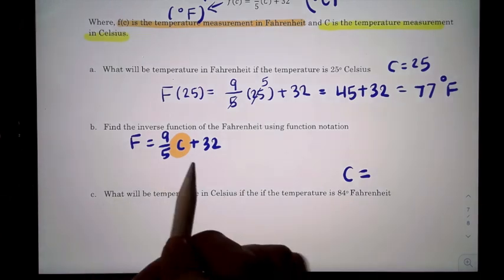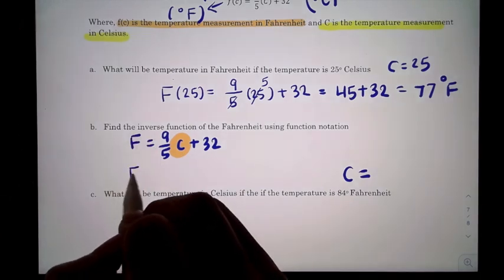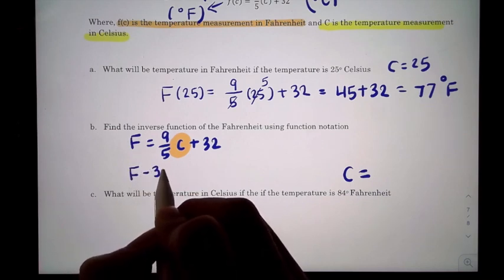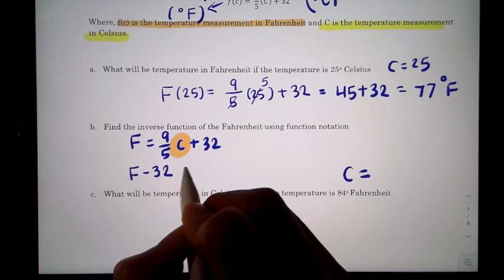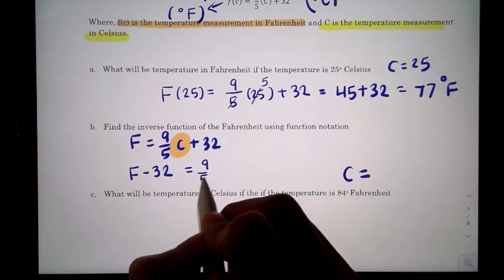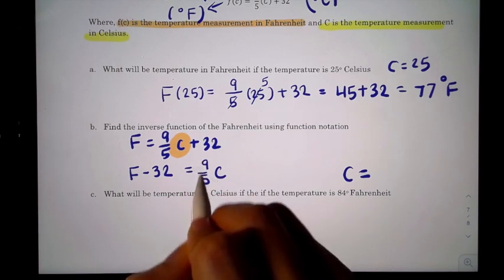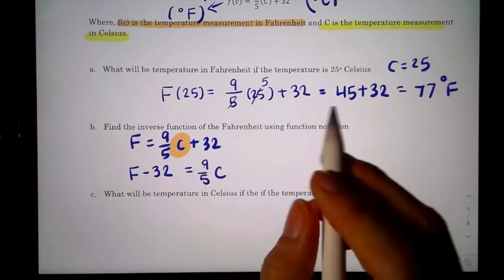At the end, I want to get C equals something. So from here you can subtract 32 from both sides, then you get 9 over 5 C. And we need to get C, so let's get rid of this 9 over 5.